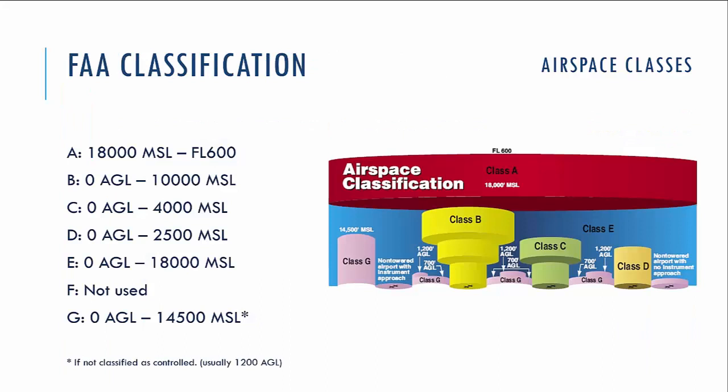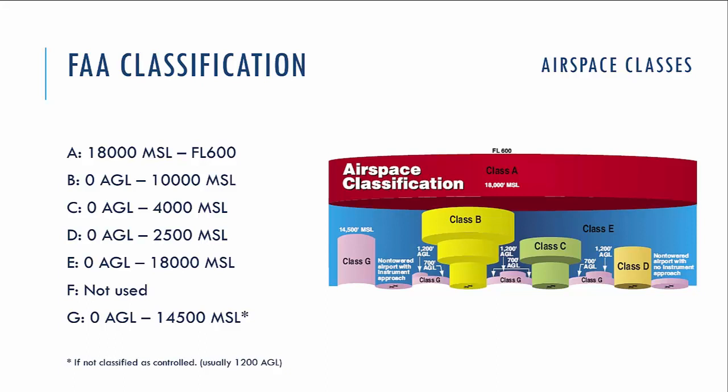So here is the graphical interpretation of the classification of the airspaces by the FAA. Class A is an upper airspace designated only for IFR traffic, and class B is the controlled airspace surrounding the nation's busiest airports.